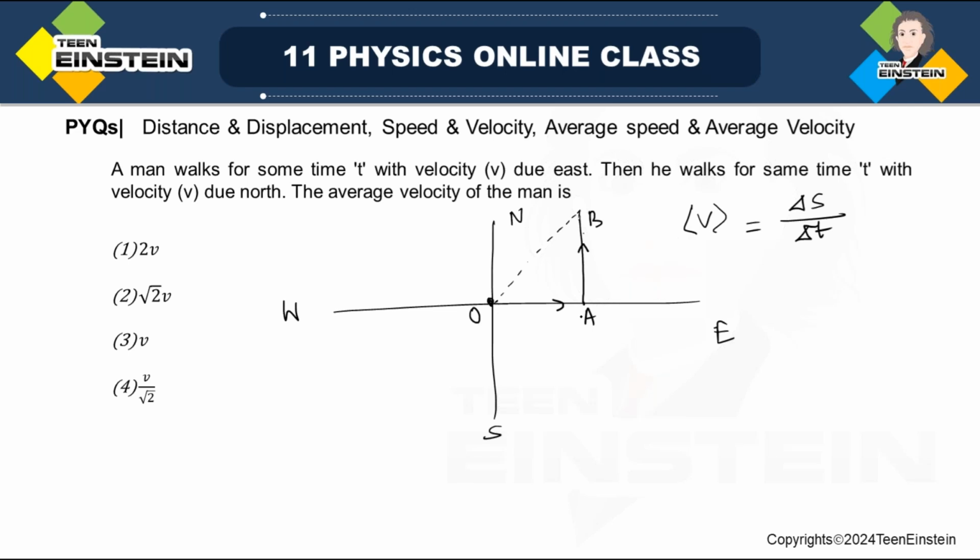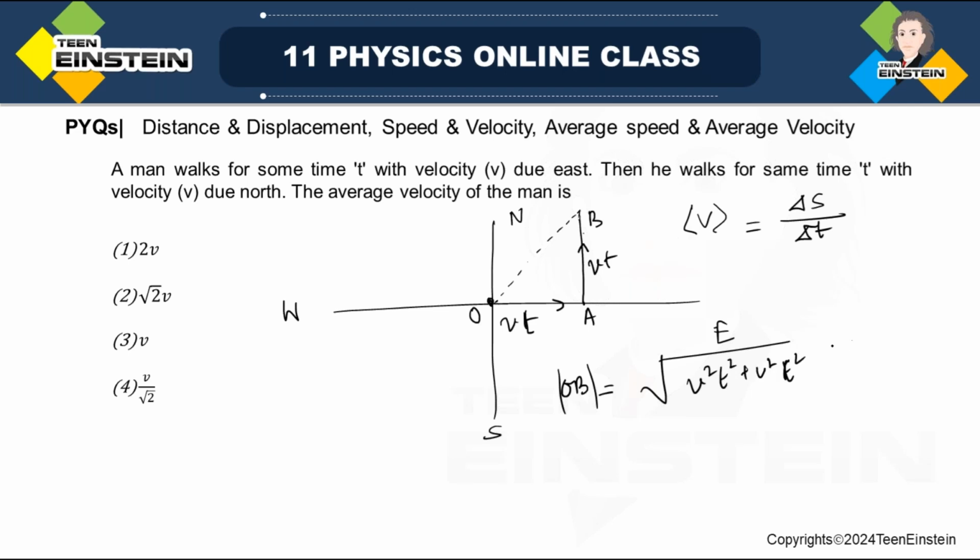But what is OA? OA is v into t, because it moves with velocity v for time t, and AB length also will be v into t, because it is moving from A to B in time t with velocity v. Now what is the length of OB? It will be square root of v square t square plus v square t square.